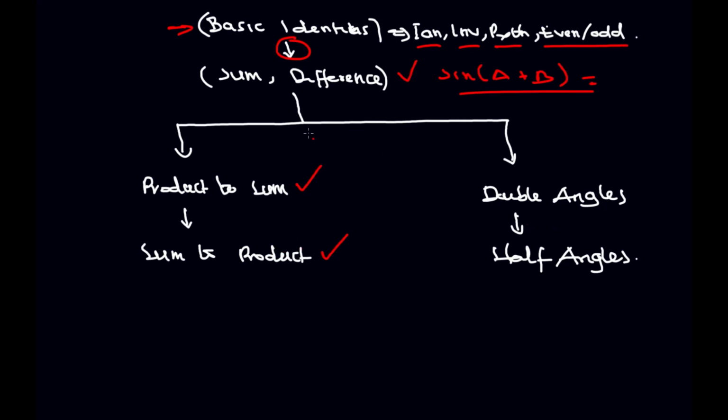And then from here again, we're able to form the double angle and the half angle identities. Once you know these, in that order, you will be able to see a lot of patterns, and you'll be able to solve a wider variety of problems.